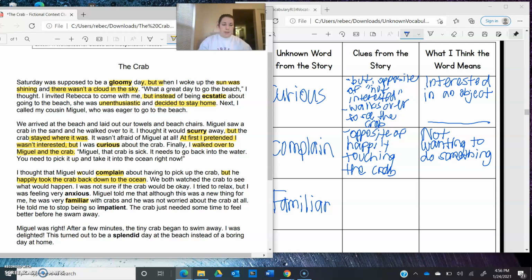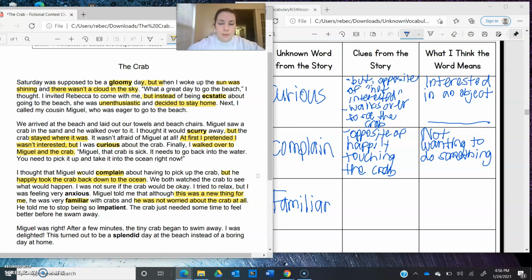There are a couple of clues here that you might have highlighted. So McWell says that this is a new thing for our narrator, for our speaker, but he is familiar with crabs. So whatever familiar means, I think that it's important to note that it's not new to him. And then he keeps saying he was not worried about the crab at all.